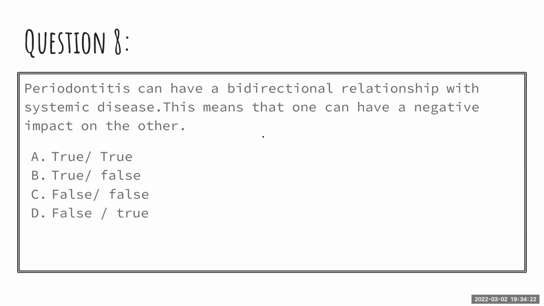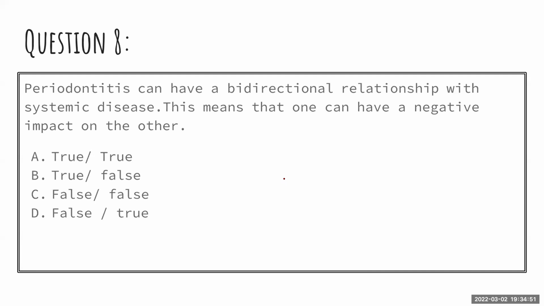Periodontitis can have a bidirectional relationship with systemic disease. True or false? This means that one can have a negative impact on the other. B. One can have a negative impact. Okay, so look at these, because this is kind of tricky. So we know that the first statement is true. It can have a bidirectional relationship.